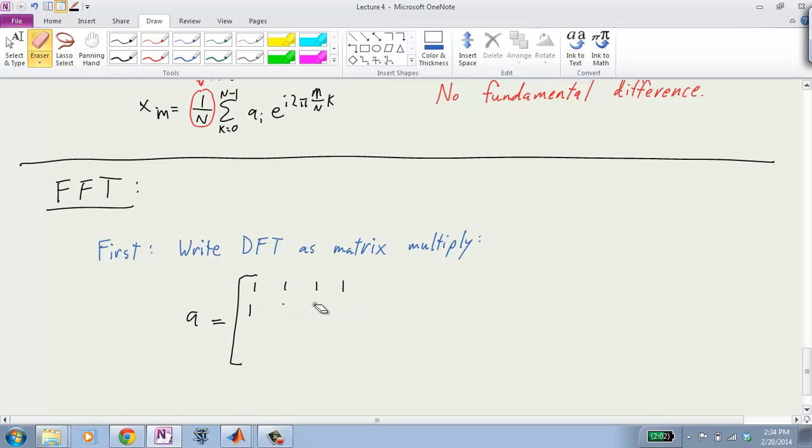I'll write it generally. e to the negative i 2 pi 1 over n, e to the minus i 2 pi 2 over n. Oh, I don't have enough room.